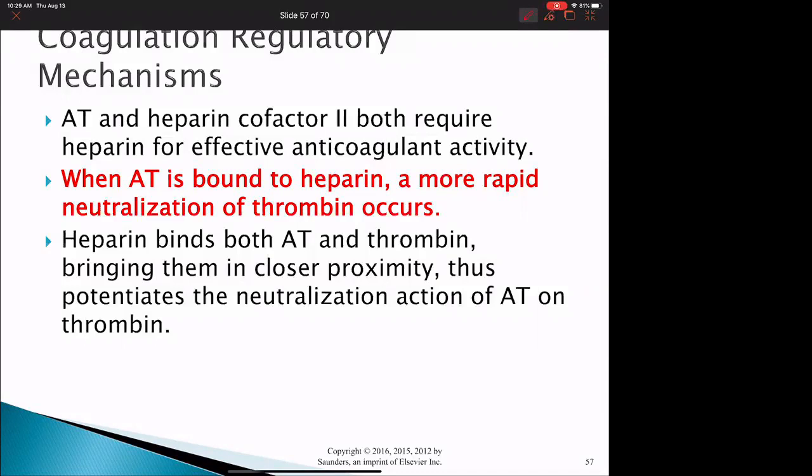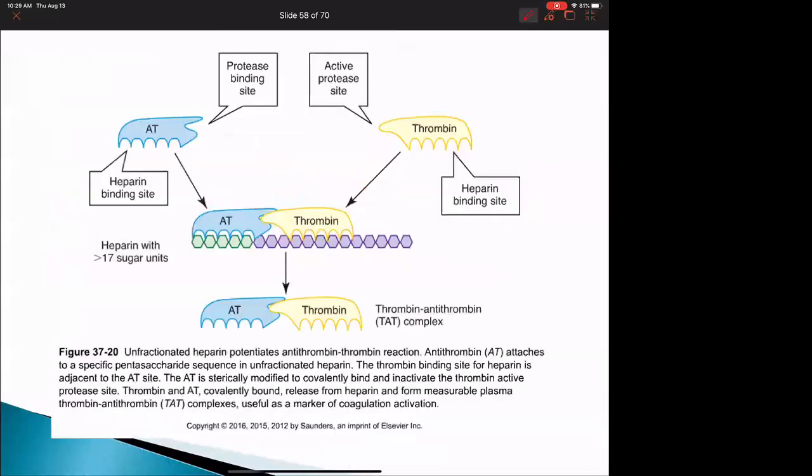Heparin binds both antithrombin and thrombin, and it brings them together in close proximity, thus potentiates the neutralization action of antithrombin on thrombin. So basically, antithrombin, this regulatory mechanism, depends on heparin in order for it to occur, okay? Here's a picture, this is again from your book, of how antithrombin works.